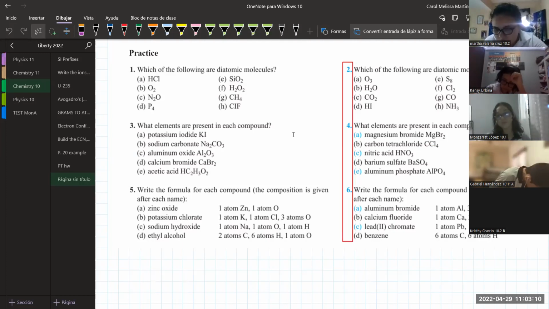In the first part, it says, which of the following are diatomic molecules? Remember that yesterday I gave you a mnemonic for diatomic molecules. Remember, have no fear of ice cold beer. Can you identify diatomic molecules in the first question?